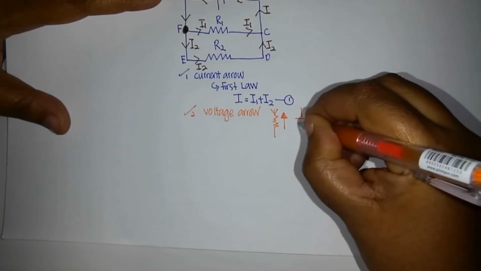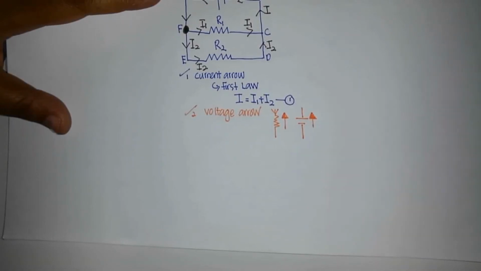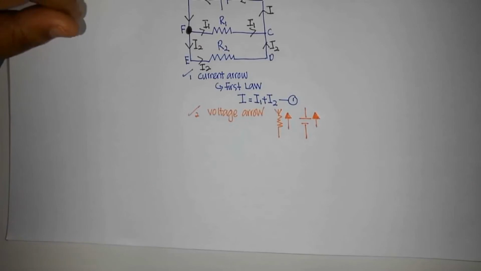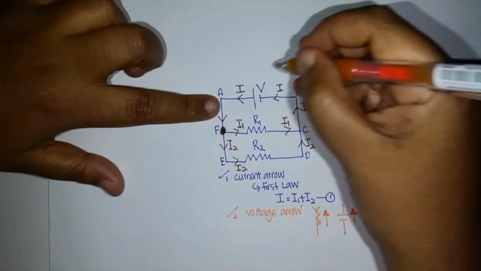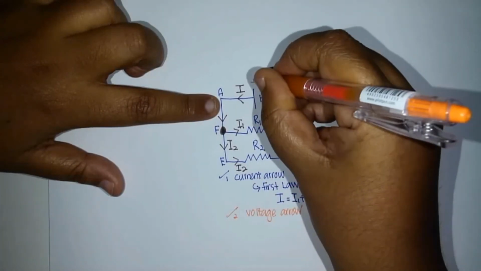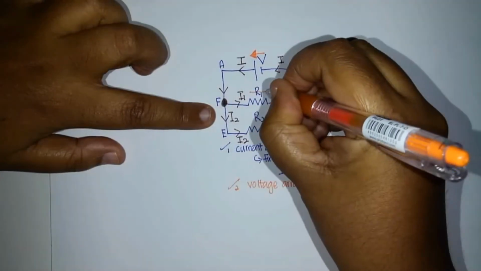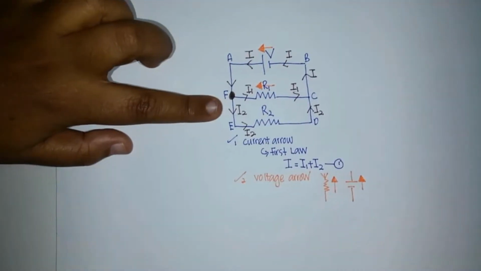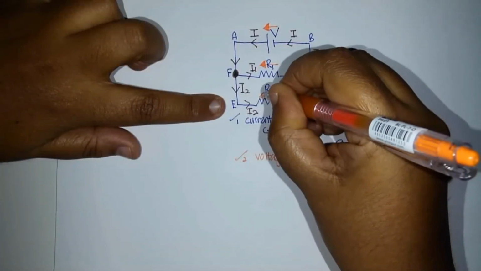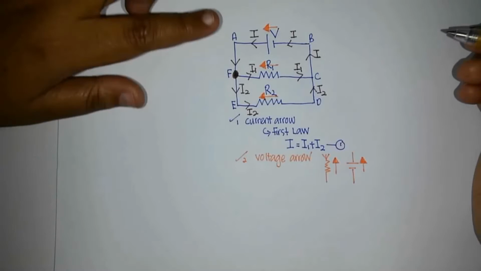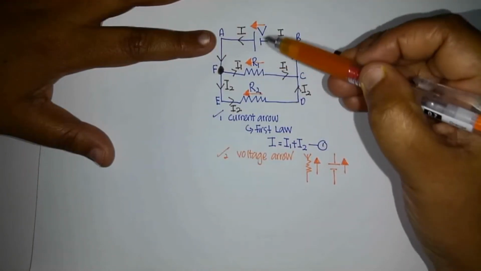And if this is the EMF, then it will be in this direction, which will be the potential rise. Since the current is flowing here, the positive direction will be towards this direction, and current is flowing here, so I draw a positive in this direction. I have to draw for all my EMF and for all my resistors. So I've already got 3 here.